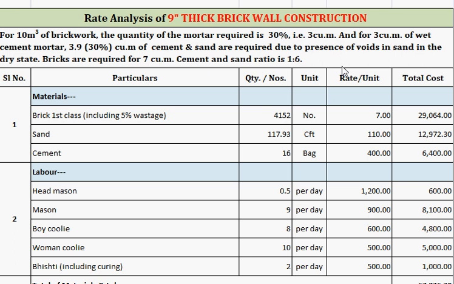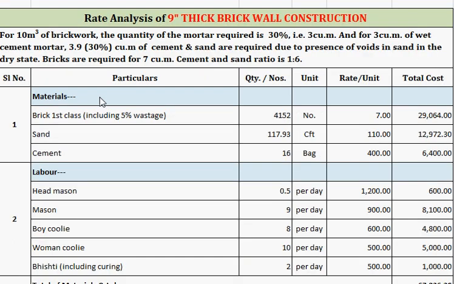Since voids are present in the sand in the dry state, we have to increase by 30% of the 3 cubic meter, hence that is 0.9 cubic meter. So total volume of the mortar is 3.9 cubic meter, and the brickwork is 7 cubic meter, because 3 cubic meter is the mortar volume, and the cement and sand ratio is 1:6.